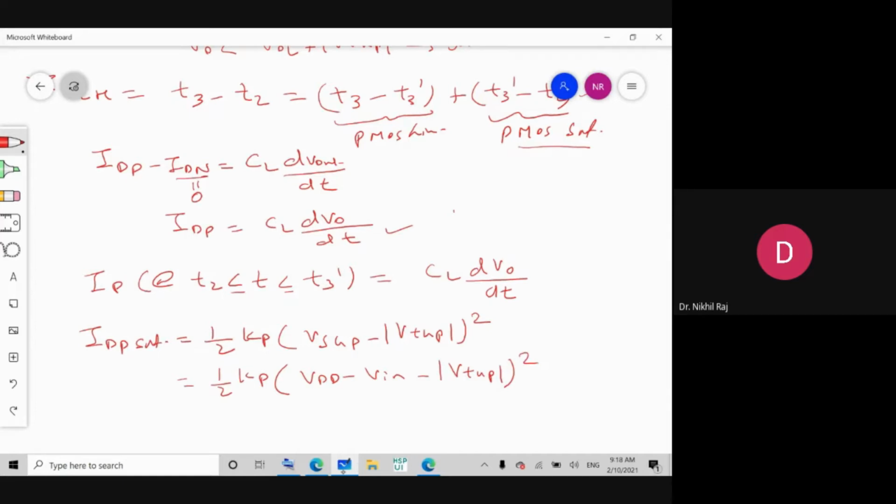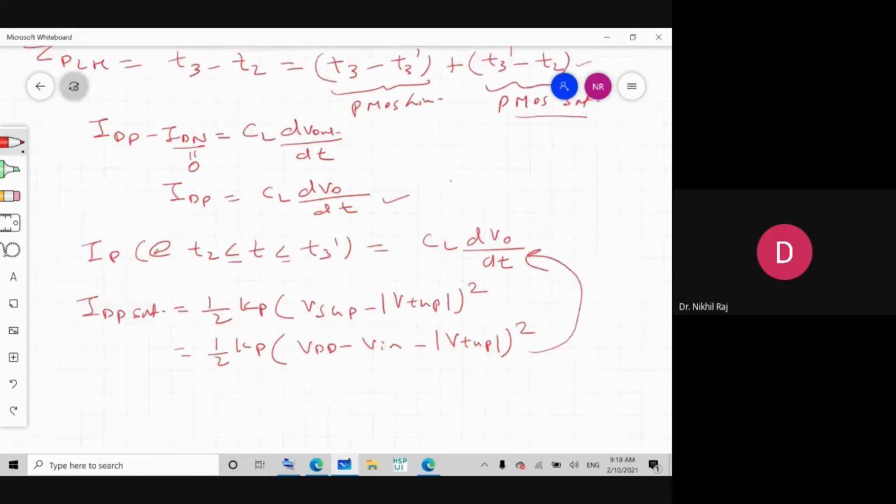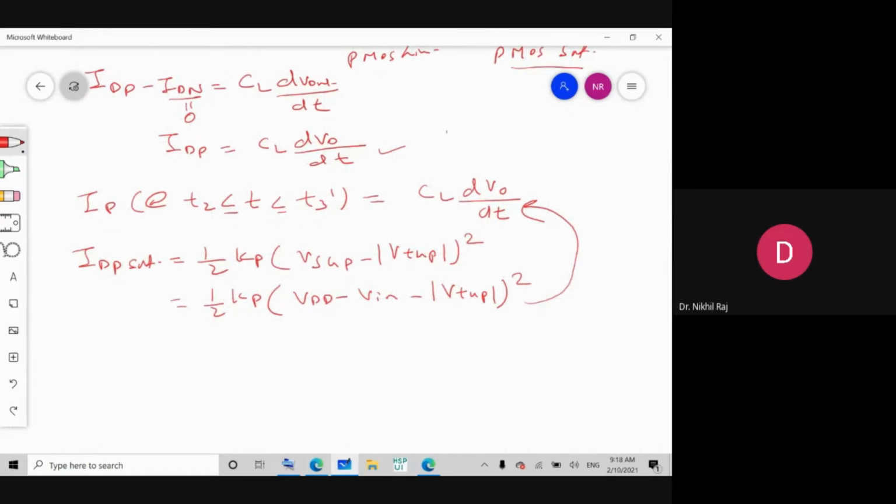Now substitute this value in this equation. So we can write half Kp into VDD minus V in minus mod of VTH of P, whole square, equals CL dV out by dt.